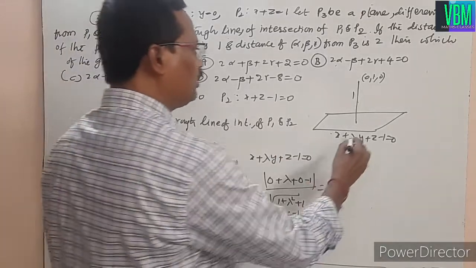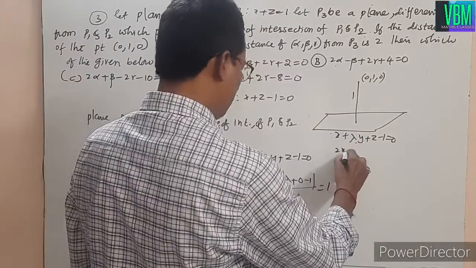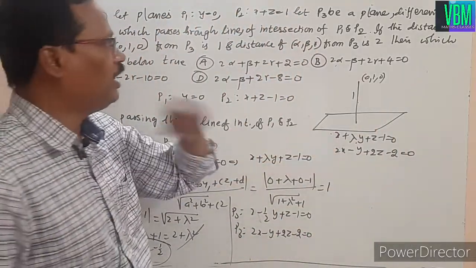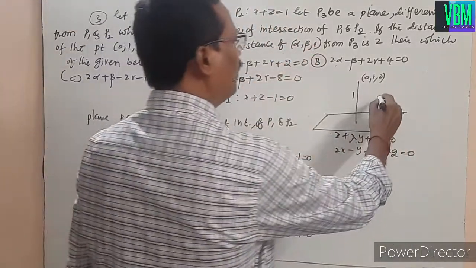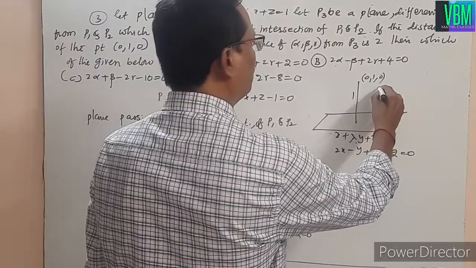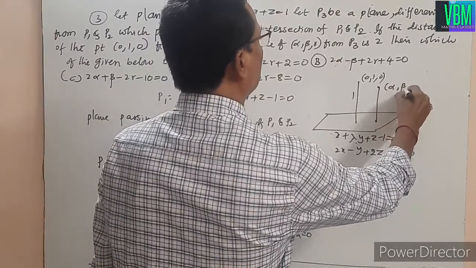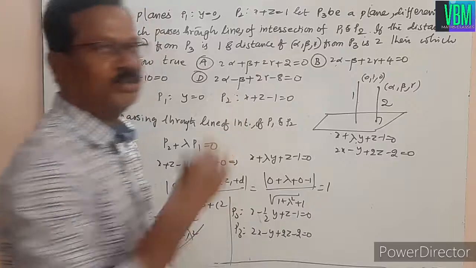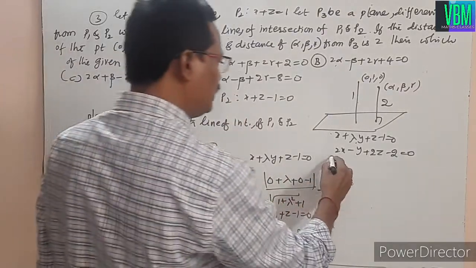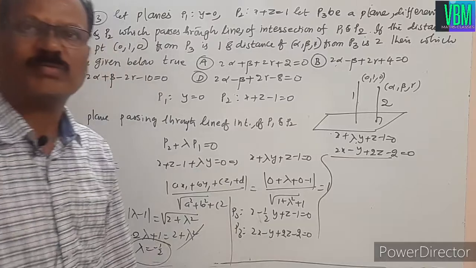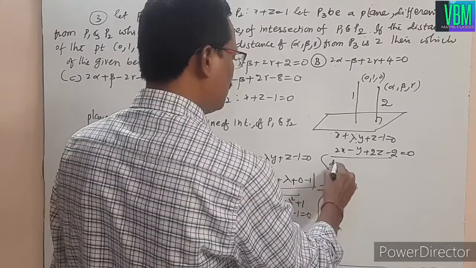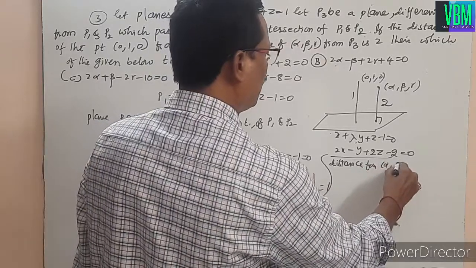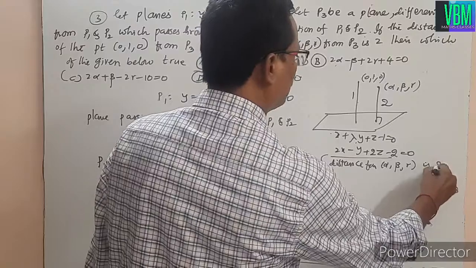Now for this plane we got 2x minus y plus 2z minus 2 is equal to 0. Now for this same plane, the distance from alpha, beta, gamma. This is the distance from alpha, beta, gamma to this plane, how much distance? They gave 2. Therefore the distance from alpha, beta, gamma is given as 2.